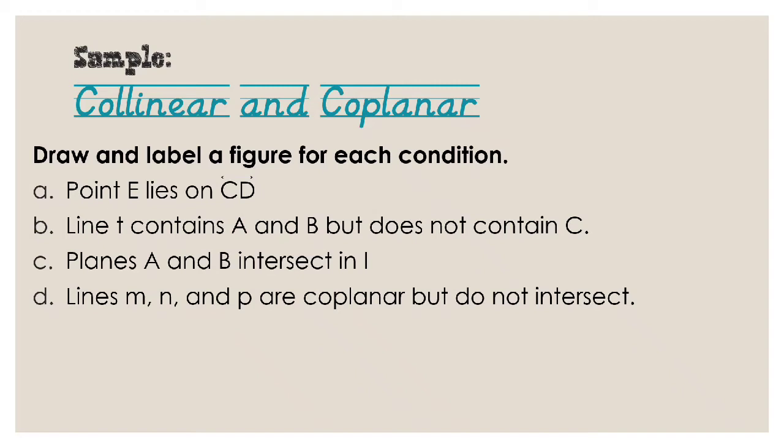Now you are going to draw 2 planes that intersect. And after you have drawn the 2 planes intersecting with each other, in their intersection, you're going to label that with small letter L.